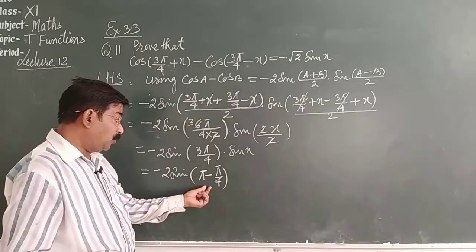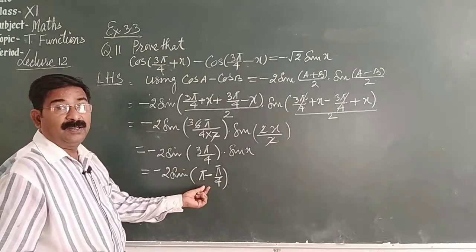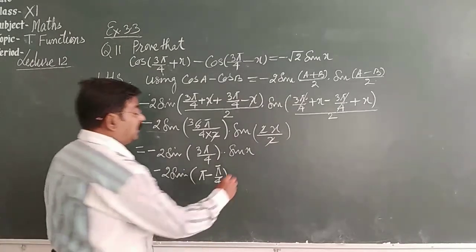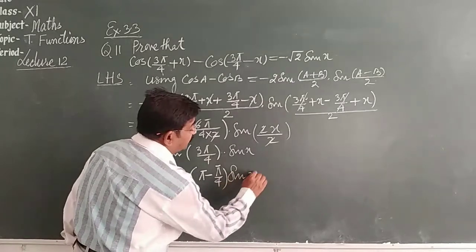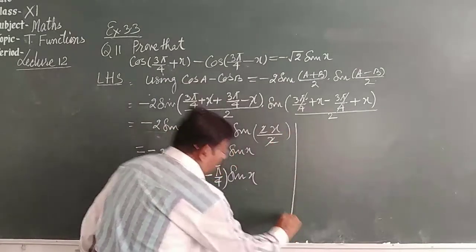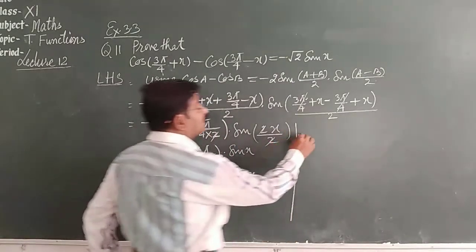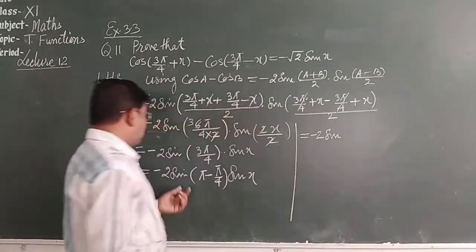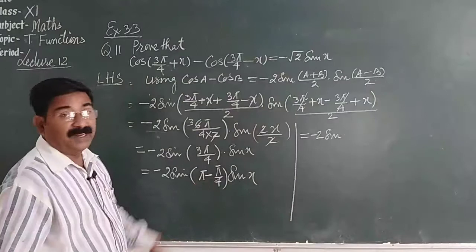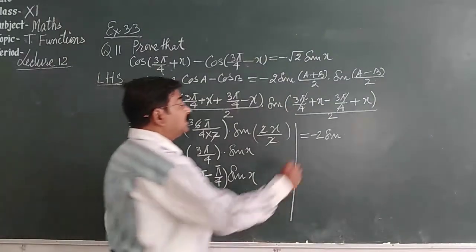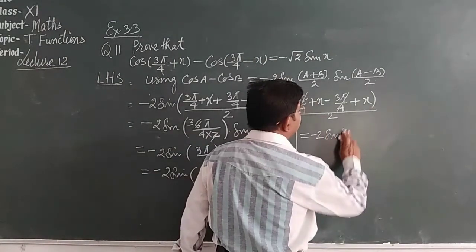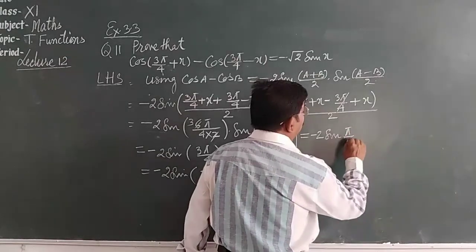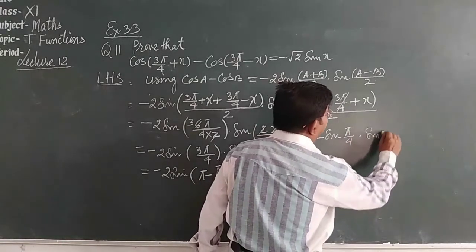Pi minus pi by 4, it is in which quadrant? Second quadrant. And this is sine x. So minus 2 sine, what is this? Pi minus theta is sine theta. This is sine pi by 4 into sine x.